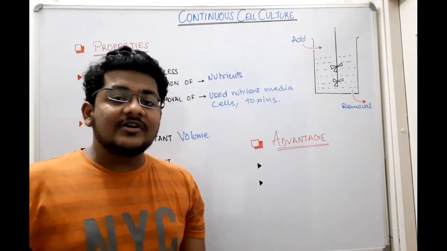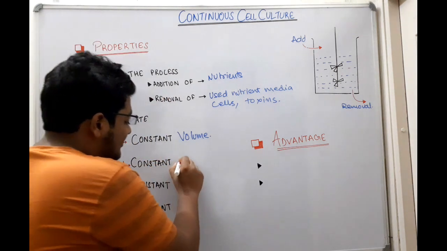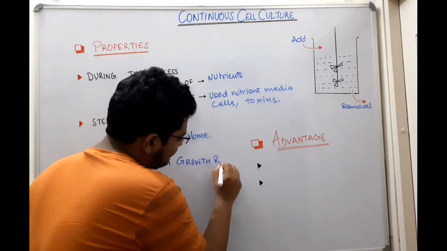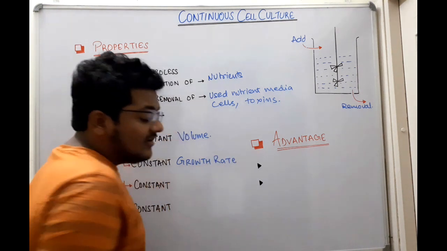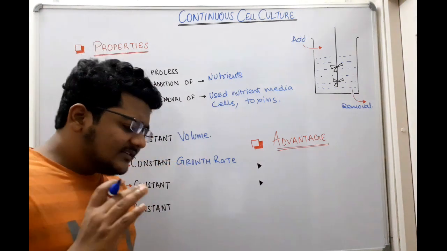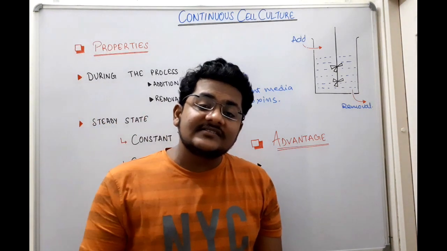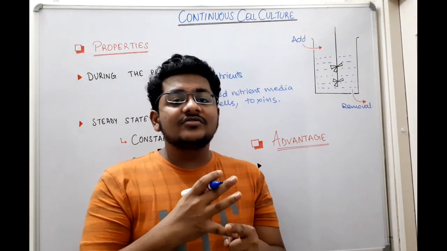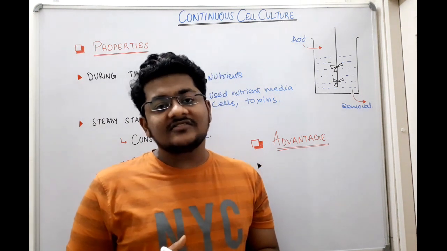The second most important property is growth rate. Growth rate remains constant throughout the process. We know that the cells generally enter the stationary phase from log phase only when there is depletion of nutrients or there is a lot of toxins present.